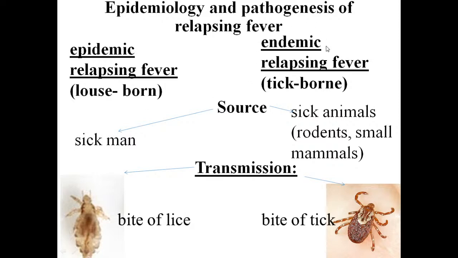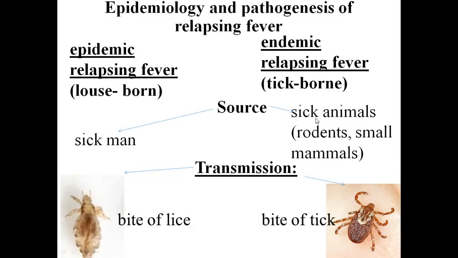Endemic relapsing fever is also called tick-borne, because the main vector, the only vector here, is ixodid tick. Source of infection. In epidemic relapsing fever, this is sick man, because louse may live just on the man. It's not fleas. Don't mix, please, here.